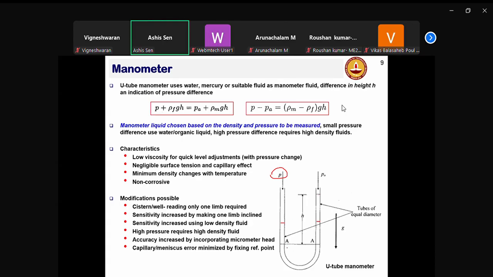Now you need to measure the height difference between the left limb and right limb, the liquid meniscus levels, right? Let this be H. So you can write down that this pressure P plus the rho of this fluid, right? Because you are measuring pressure of some fluid.